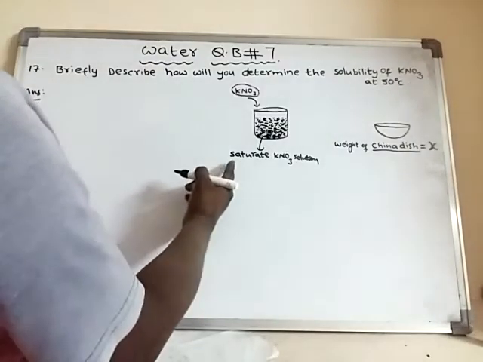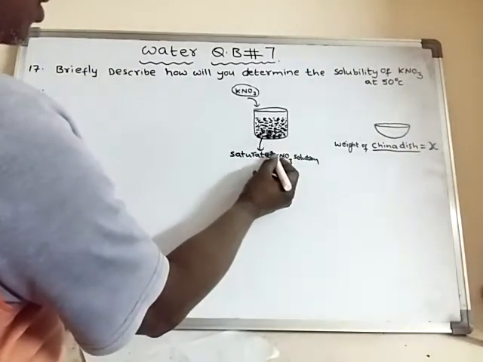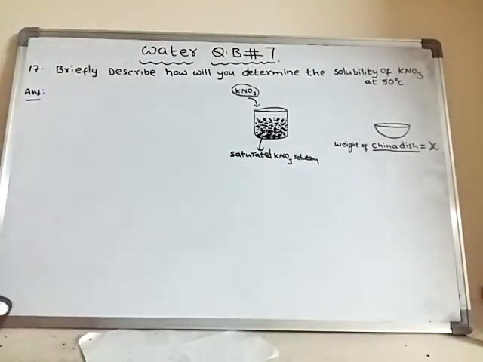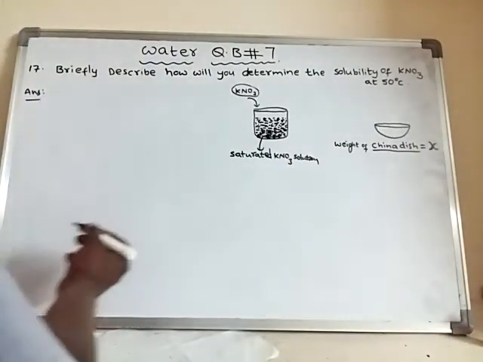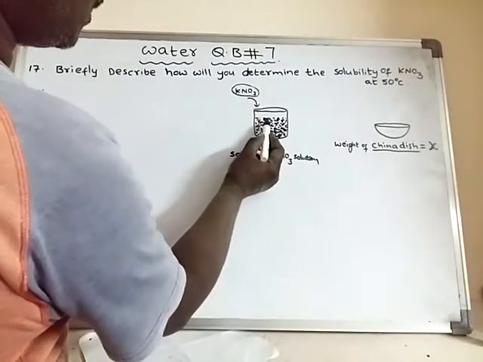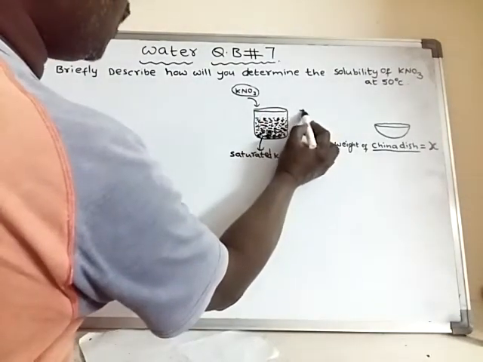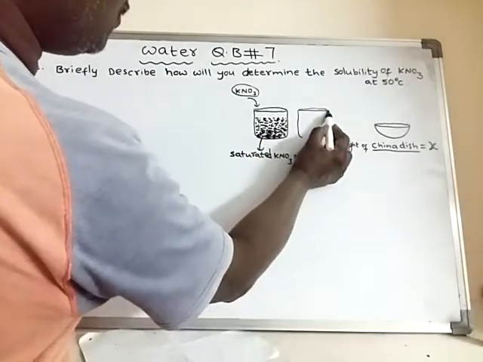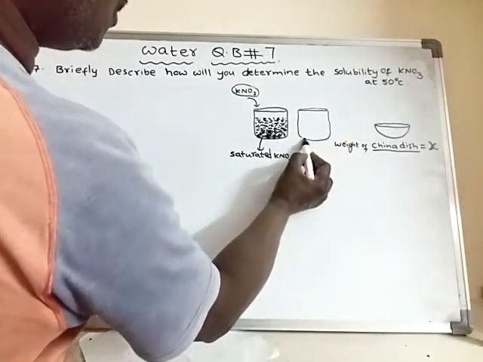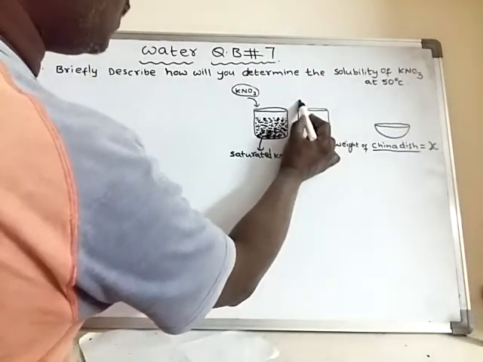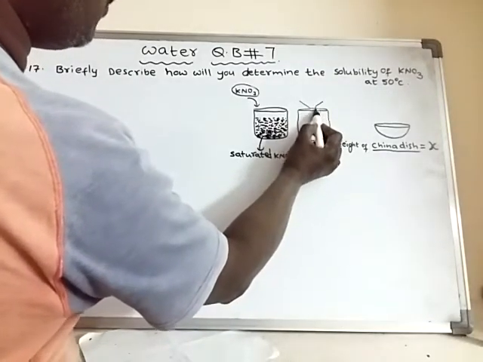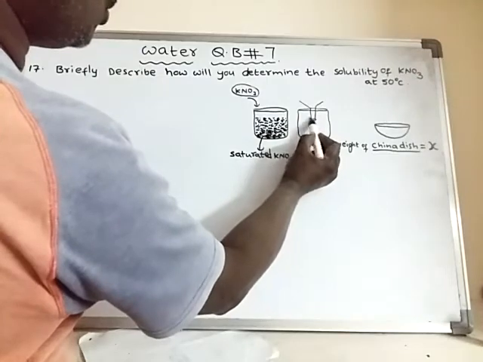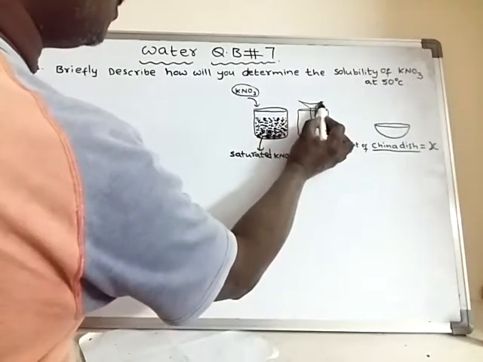So now the saturated potassium nitrate solution is prepared. Now transfer this into another beaker. Transfer the clear solution, or else by filtration. Simply by filtration, just transfer the clear solution.